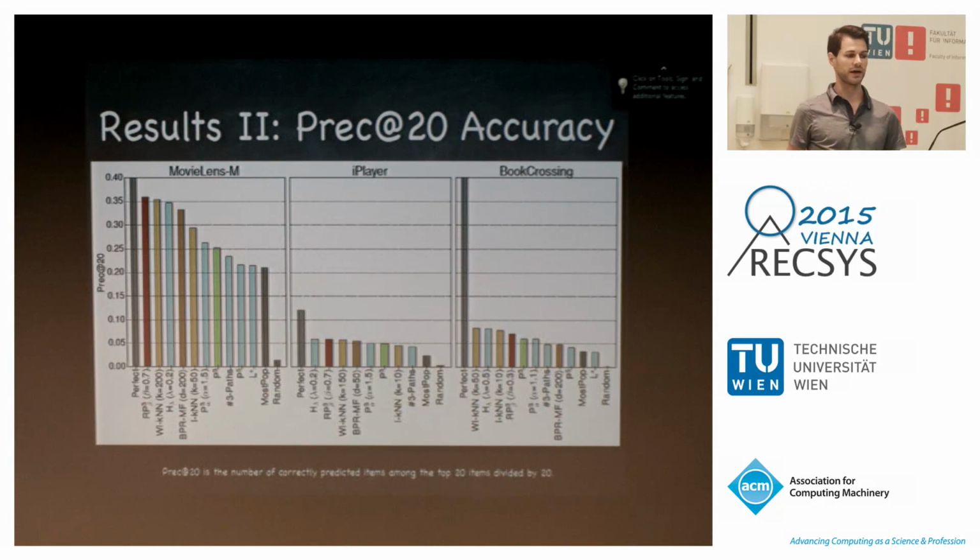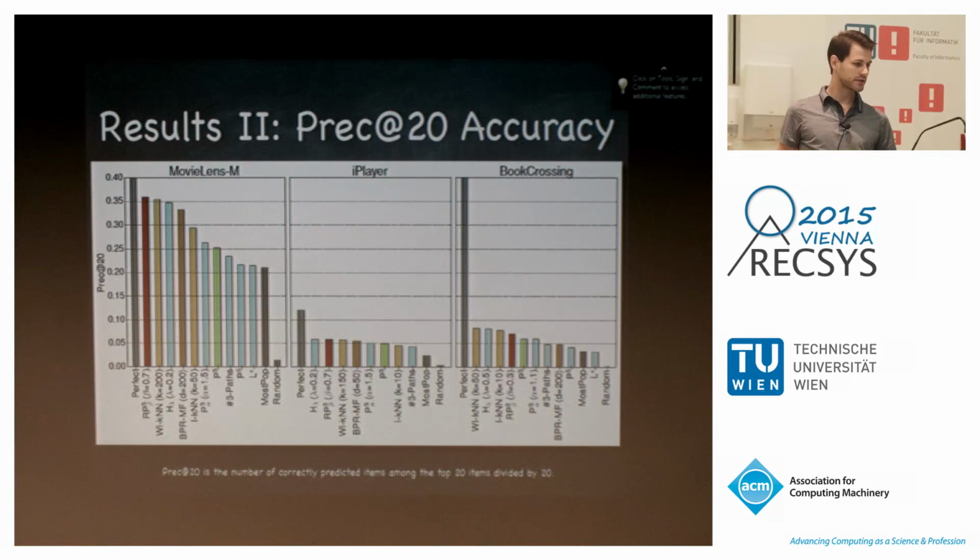However, it doesn't perform as well on the Book Crossing data. We also see a clear improvement in terms of precision between P3, the original ranking, and RP3 beta. Again, H lambda gives pretty good rankings for all 3 data sets, and it performs especially well in the Book Crossing case.